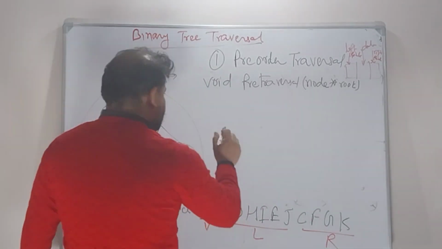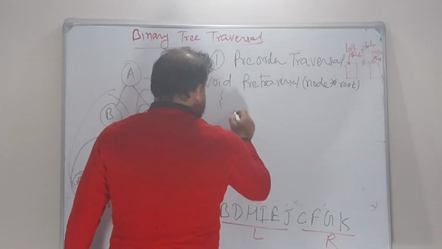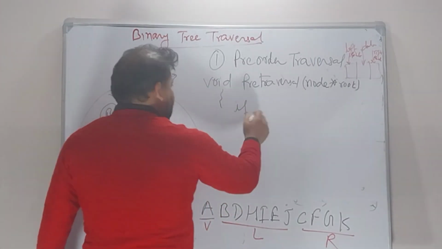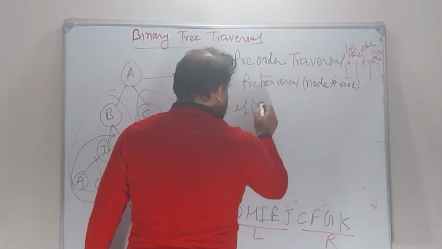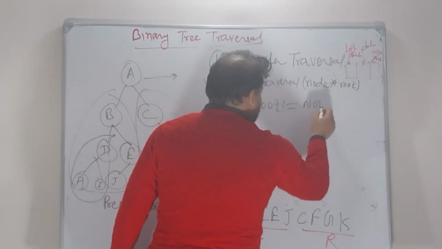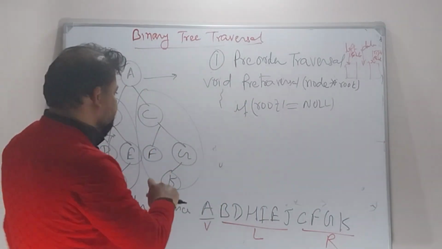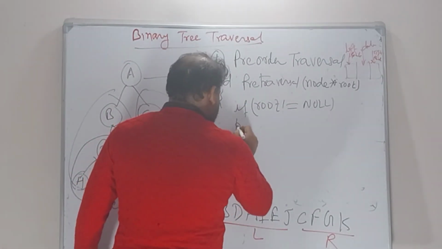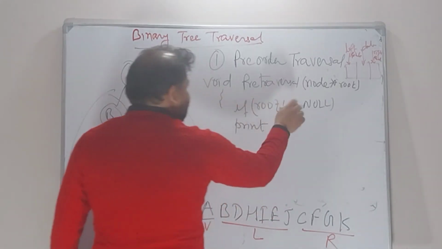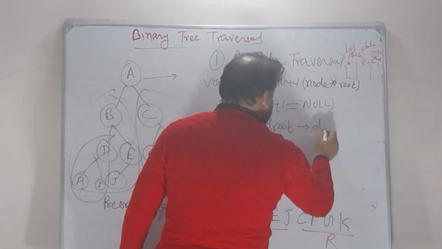Now I'm trying to write the code. The first condition I'll check is if root is not equal to null. If it is not null, the first thing I have to print is the data. So it will print the root data.